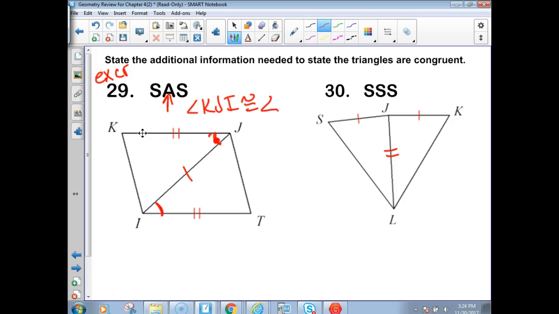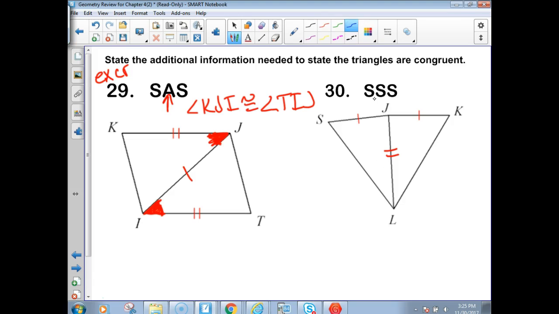Angle, now hold on, K, J, I. I want to say P, I, J. Yeah, I has to be down here, right? I has to be in the middle. Up here, J has to be in the middle of my letters.